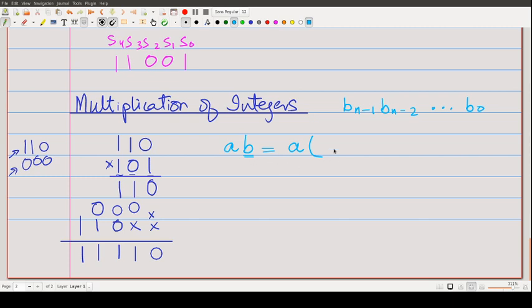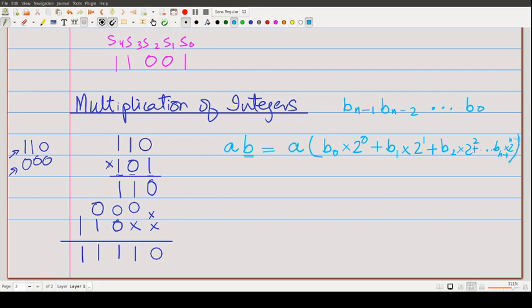And so b can be expanded as b naught times 2 to the power 0 plus b1 times 2 to the power 1 plus b2 times 2 to the power 2 dot dot dot bn minus 1 times 2 to the power n minus 1.